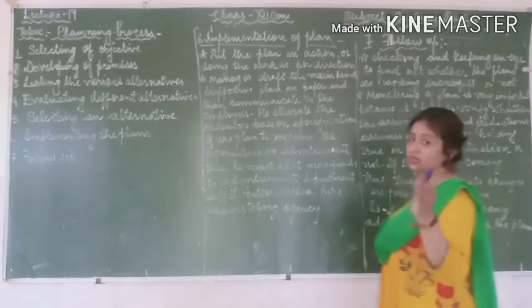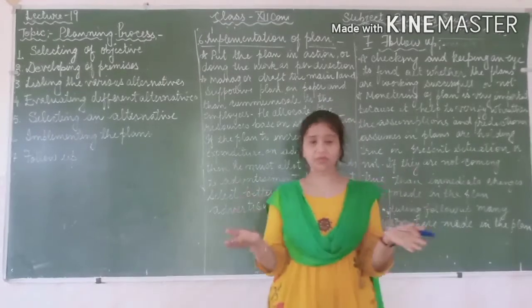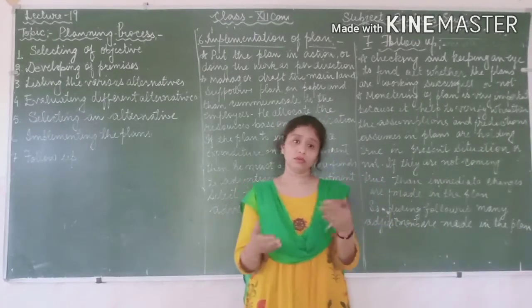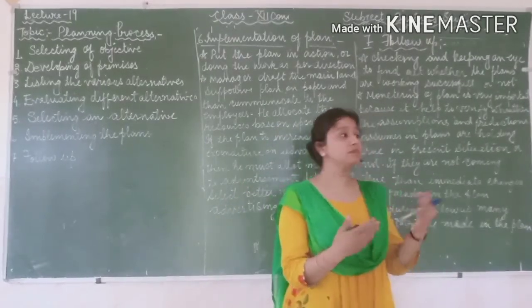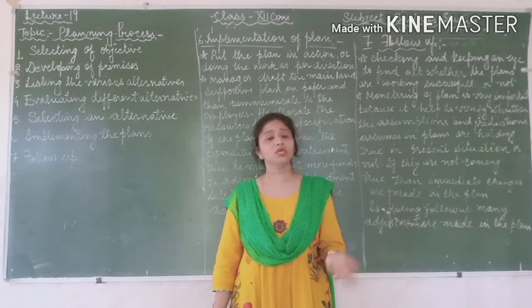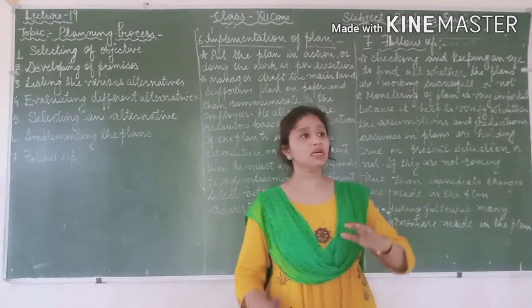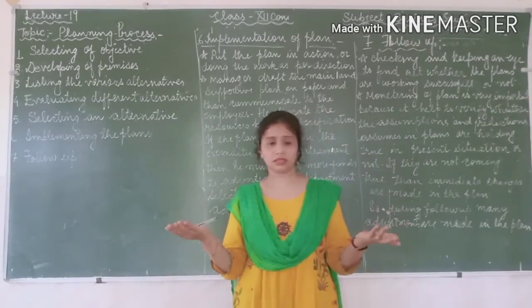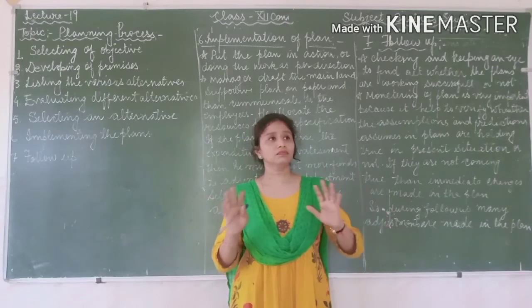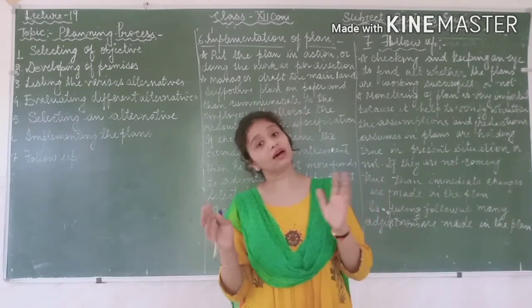So it means that we make the plan according to assumptions and predictions. They may change somewhere according to the plan. It's not that it will be 100% right. You have made your plan according to the assumption and prediction, but the future is unseeable. You can't predict the future 100%.